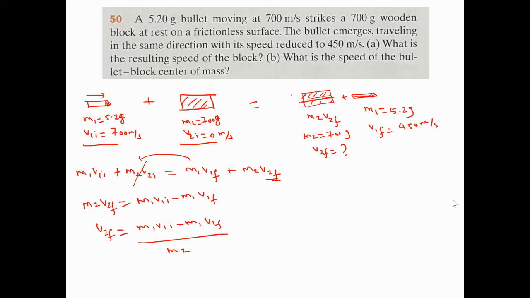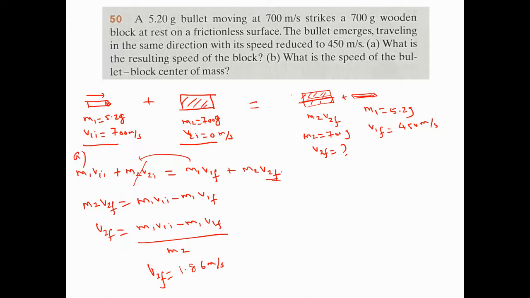You have all the values: M1, V1I, V1F, and M2. When you substitute the values here, you will get the answer for V2F, 1.86 meters per second. Later on, you can check the answer.